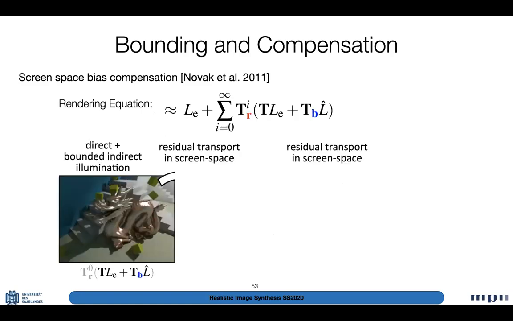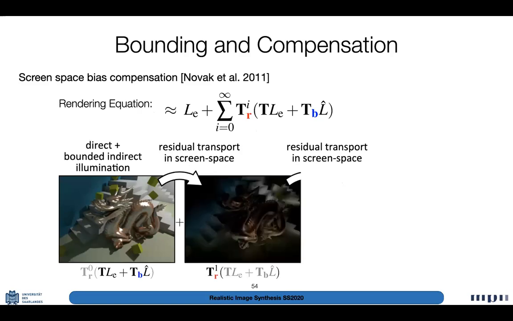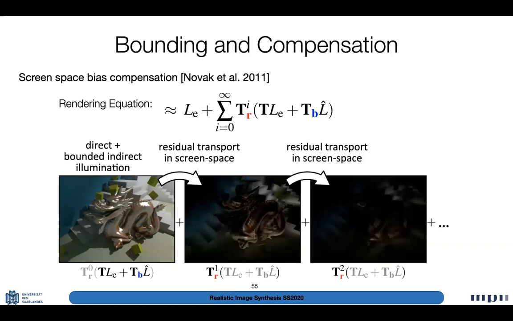That means you compute the direct plus bounded indirect illumination, for example in this scene, and after that you apply the corresponding residual transport, which means computing the next bounce of outgoing gradients coming at each point. They simply add the leftmost image to these images computed after applying the residual transport operators.